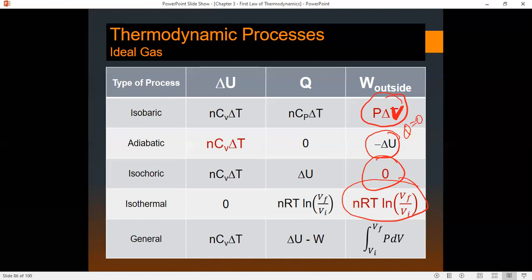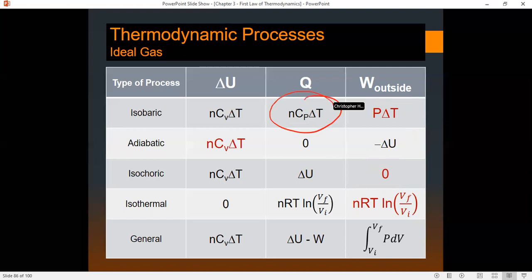In terms of Q, for an isobaric process, we can use the fact that Q is equal to n Cp delta T. Notice we're using the molar heat capacity at constant pressure. Adiabatic involves no heat exchange, so that's 0. Isochoric, no work is being done, so Q just represents the change in internal energy.